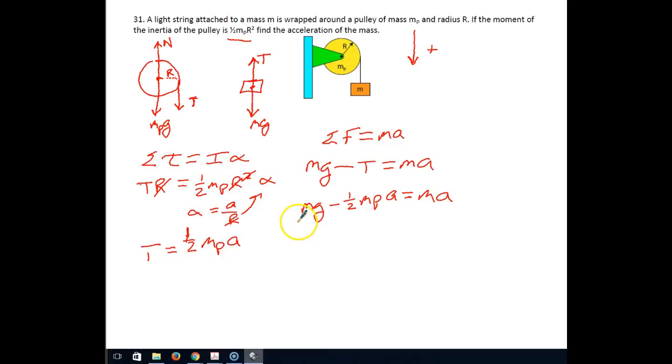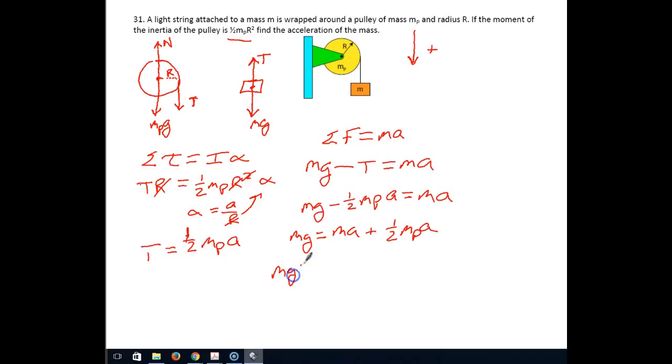At this point we'll say mg is equal to ma, and then we're going to add this to the other side, so that's plus 1/2 the mass of the pulley times the acceleration, and we want to now factor out this a.